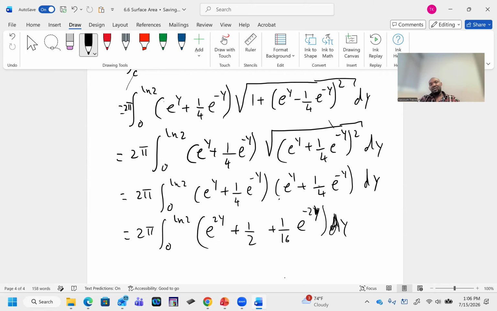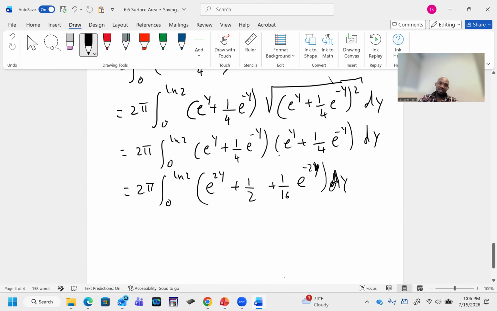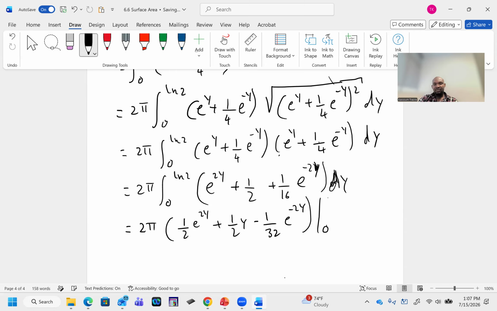Finding the integral of the natural exponential is not something difficult. So by doing so, we'll see this one will give me 2 pi times the antiderivative, which is 1 half e to the power of 2y plus 1 half y minus 1 over 32e to the power of 2y, from 0 to ln of 2.